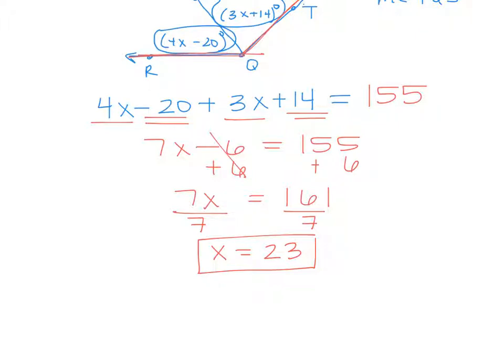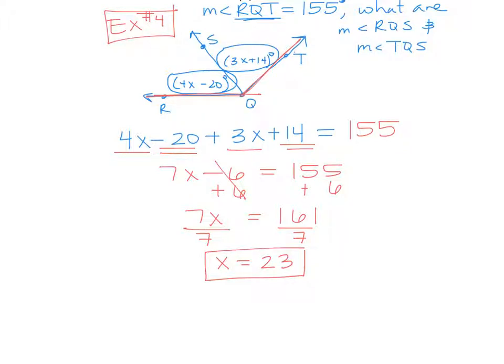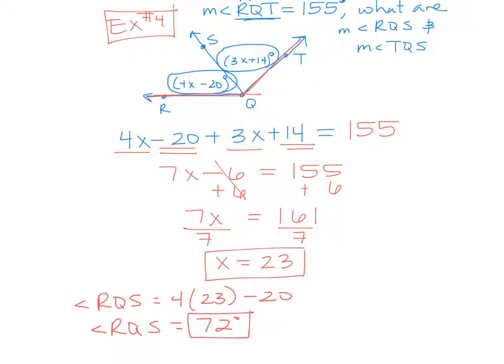So now what you need to do is go back up, plug it into our two angle measures. So angle RQS is 4 times 23 minus 20. So simplify that. Angle RQS comes out to 72 degrees. Okay, and then if you do angle TQS, okay, that one we're plugging in here.